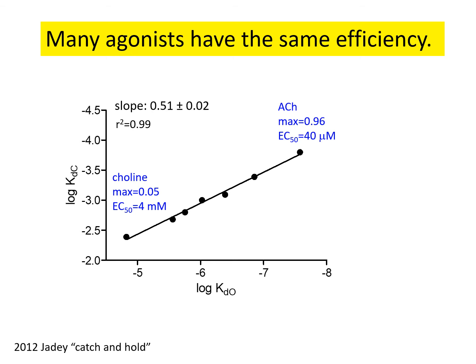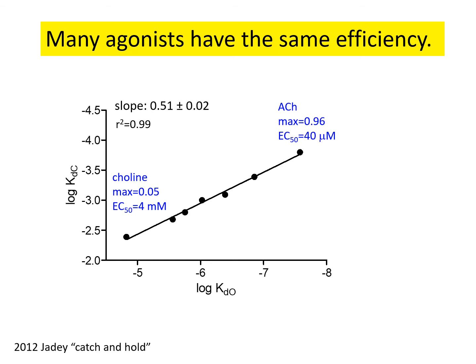What the slope of 0.5 means is that the binding energy to C is half of that to O. And that energy doubles when the protein goes from C to O, and it doubles regardless of the affinity of the ligand. That's given on the y-axis as the log of the KDC, and also independent of the efficacy of the ligand.